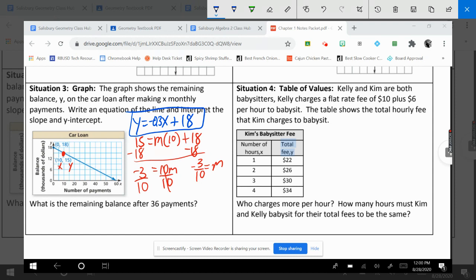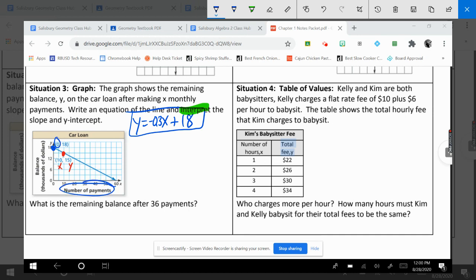So yeah, what we need to do is interpret. I'm going to get rid of this real quick. We need to interpret what the slope actually means and what the y-intercept means. So let's start with the y-intercept right there at 0, 18, where x is 0, which is number of payments.